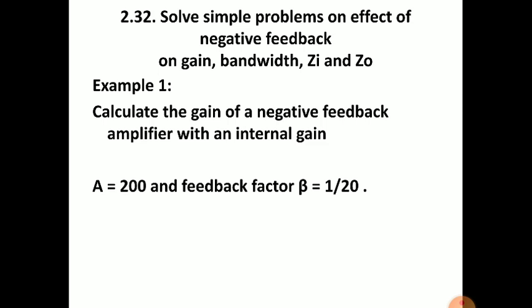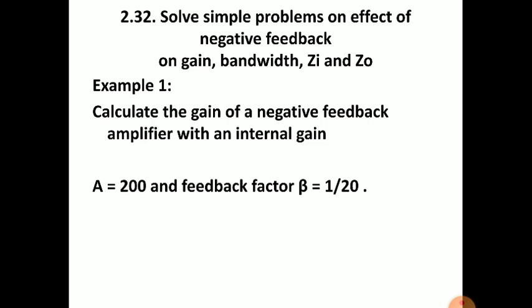Now we need to solve simple problems on this effect of negative feedback on gain, bandwidth, input impedance and output impedance. Simple formulas, please note down those 4 formulas. On gain, Af is equal to A by 1 plus A beta, and you should know what is A, what is beta, right? And bandwidth dash is equal to bandwidth into 1 plus A beta.